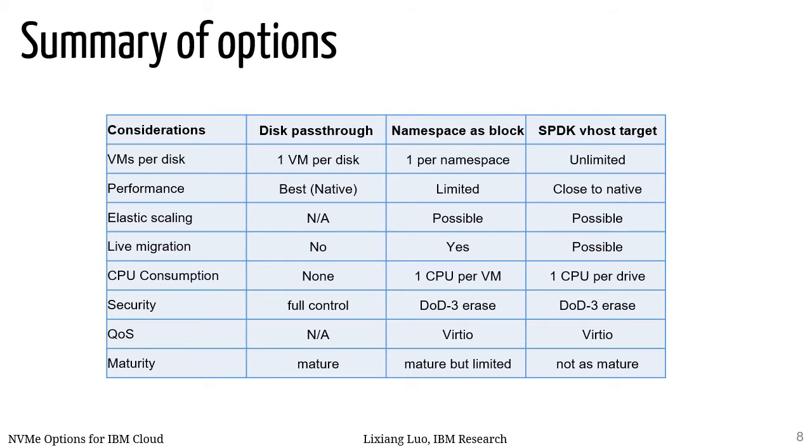It's just about how the solution can fit into the needs of a cloud environment. So eventually, we focused on the namespace as a block device for our implementation of local NVMe storage on IBM Cloud. But for other cloud setups, the choice may be different.